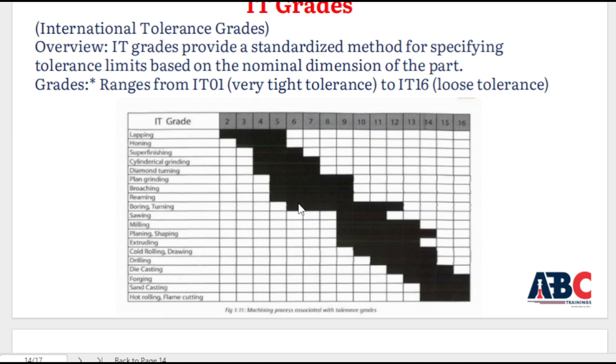Super finishing, cylindrical grinding, diamond turning, plane grinding, broaching, reaming, boring, turning, sawing, milling, planing, shaping, extruding, cold rolling, drawing, drilling, die casting, forging, sand casting, hot rolling or flame cutting. All these types of processes have IT grades.